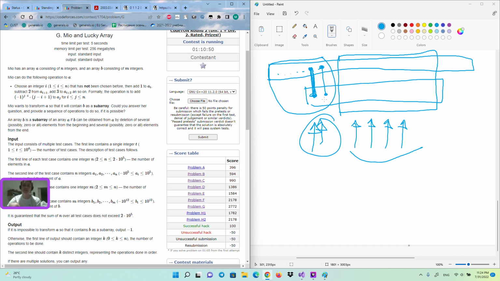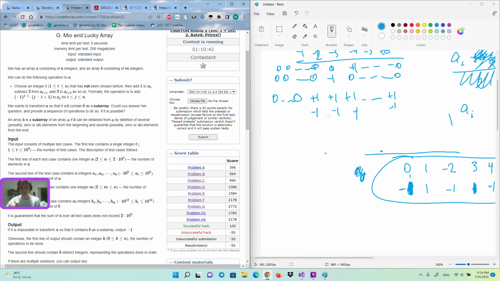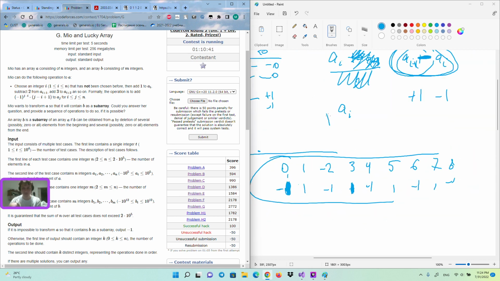So, this part of the problem, we have to make these two numbers correct, and in this, as I said, we have a problem like this. So we have odd numbers, and we have even numbers.